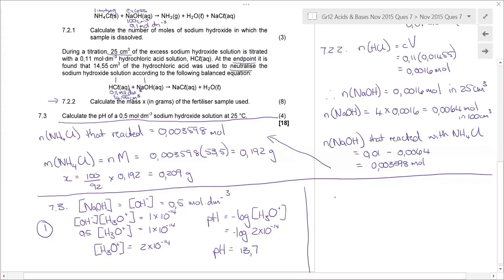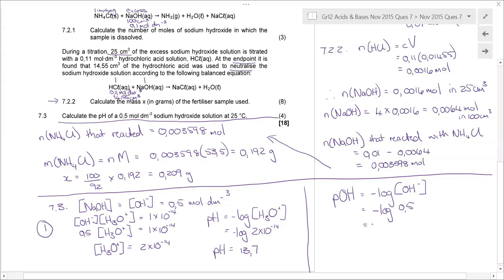The other option, you find the pOH of your base, that's equal to negative log of your hydroxide ion concentration. Once we have this answer, we're going to subtract it from 14 to get the pH. So that's equal to negative log, the hydroxide ion concentration was 0.5.